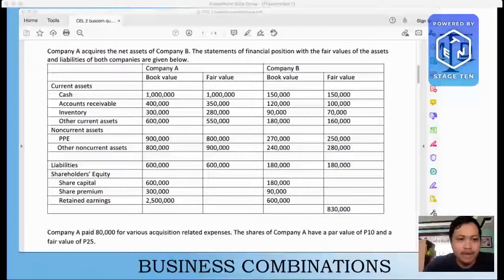There are problems in which the scenario involves either the acquirer or acquiree, prior to the present business combination, already having existing goodwill in their books. So even before the acquirer acquires the acquiree, there is already goodwill in the books of the acquirer, or it's the other way around.